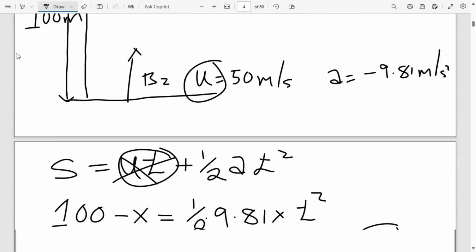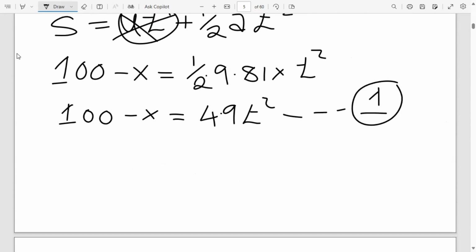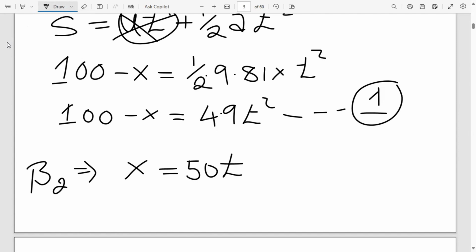So for ball number 2, the equation of motion gives x equal to the initial velocity they've given us, 50, multiplied by t.